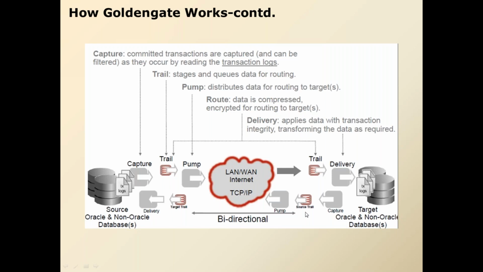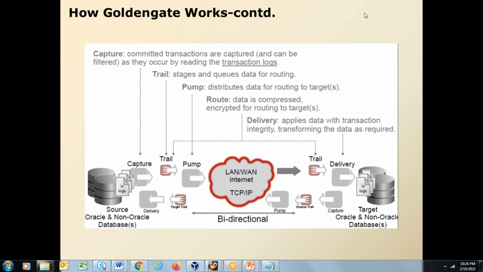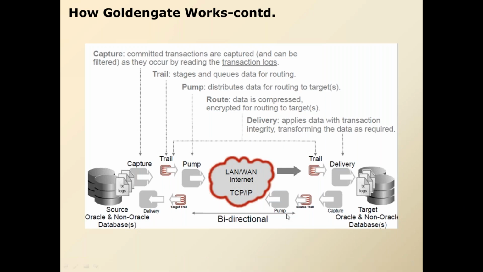The pump process reads the data from the local trail and writes it to the remote trail, and then the delivery or replicate process applies the data to the target database. So Oracle GoldenGate in bidirectional will have capture, pump, and delivery residing on each side.